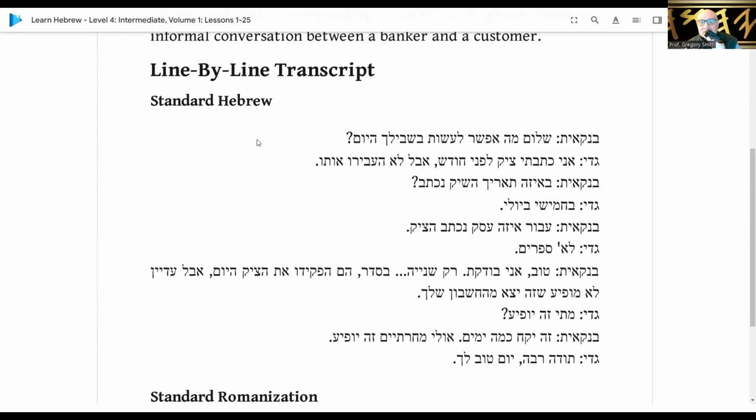Ani katavti tzik lifnei hodash. It is pronounced zik.